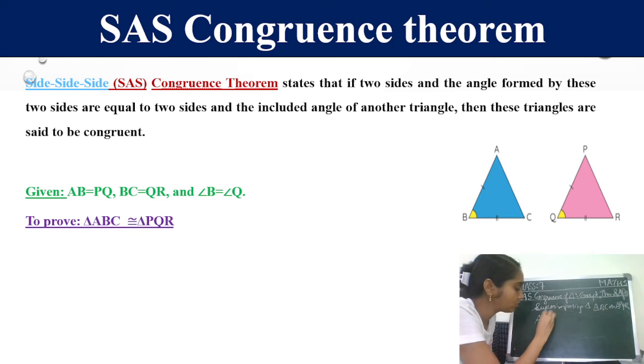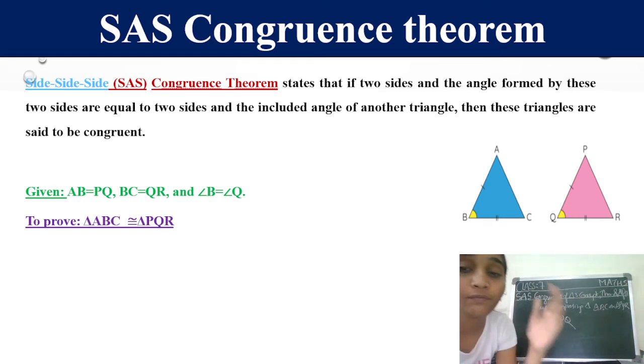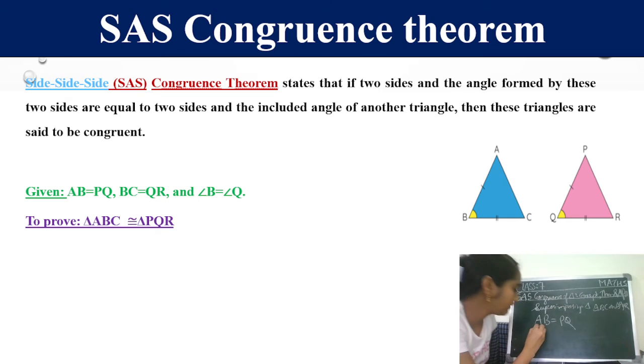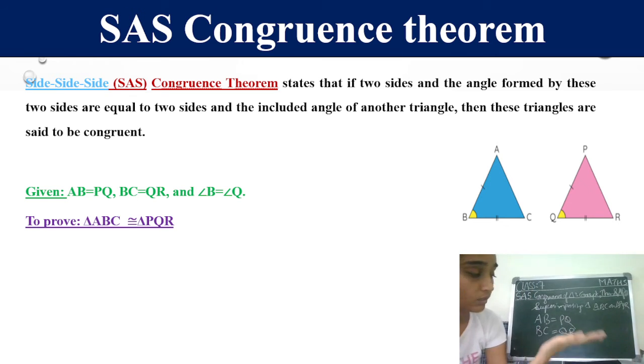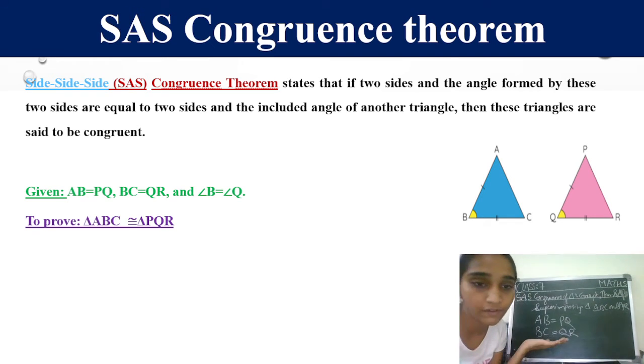AB lies on PQ, it means AB is equal to PQ, and this is also given to us. Now students, if we superimpose BC on QR of the other triangle, it will exactly superimpose since they are given equal. So after superimposition also we will find them equal.